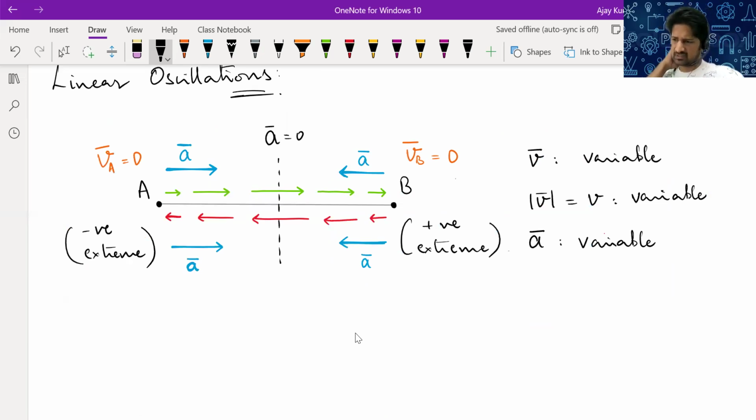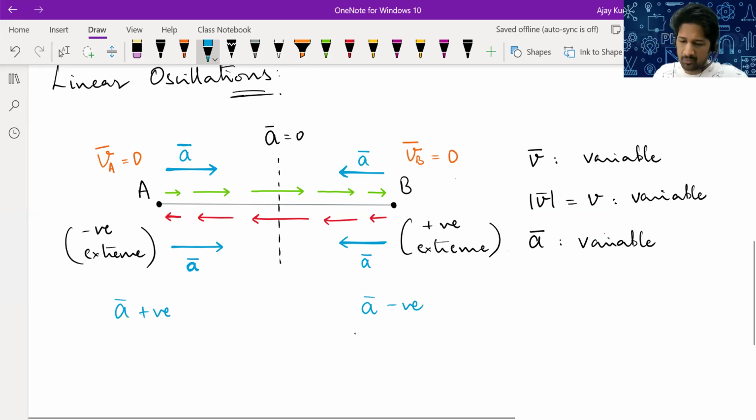And it's obvious. In real life, velocities and accelerations don't change abruptly. They change gradually only. Close to A, the negative extreme, acceleration is positive. Close to the positive extreme, acceleration is negative, so definitely there will be some position in between where the acceleration is zero.